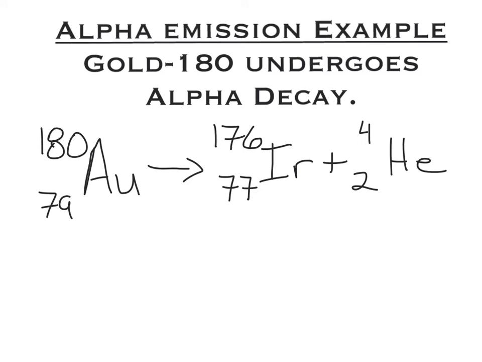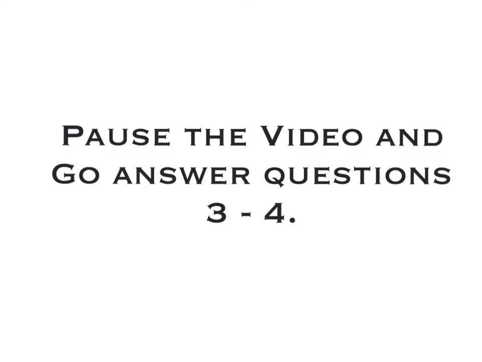So that's how we pull that symbol out. So again, starting with the gold, I need to kick out a helium atom because it's an alpha decay, and then I'm left with a new isotope, which is iridium-176. Now go ahead and pause the video here and go answer questions 3 and 4 and come back to the video.